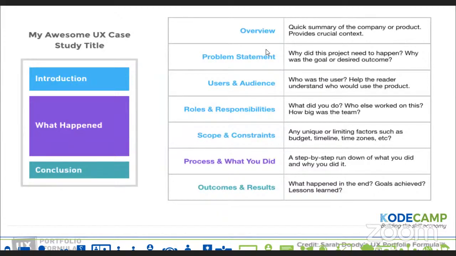And then we have the users and the audience. Who was your user? Help the reader understand who would use the product. Because most people could just be going through your case study. If your case study is not well written, people will not know who you're actually designing this product for. You're just putting it out there.